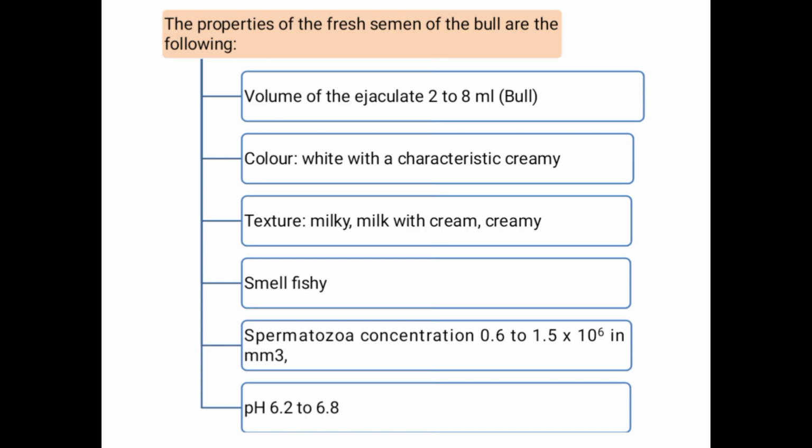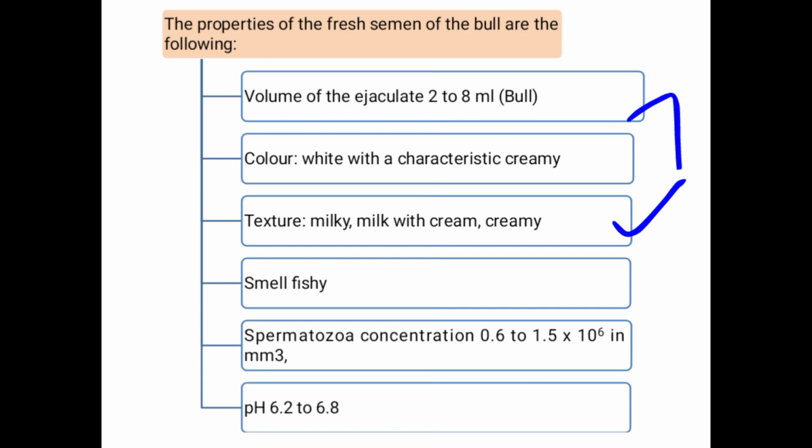However, the properties of the fresh semen of bulls include the following: total volume of the ejaculate is 2 to 8 ml in a bull, which is considered normal; color of the semen at the time of collection should be creamy or off white; texture should be milky or milky with creamy; a fishy flavor; spermatozoa concentration should be 0.6 to 1.5 × 10^6 per cubic millimeter; while pH of the semen should be 6.2 to 6.8.